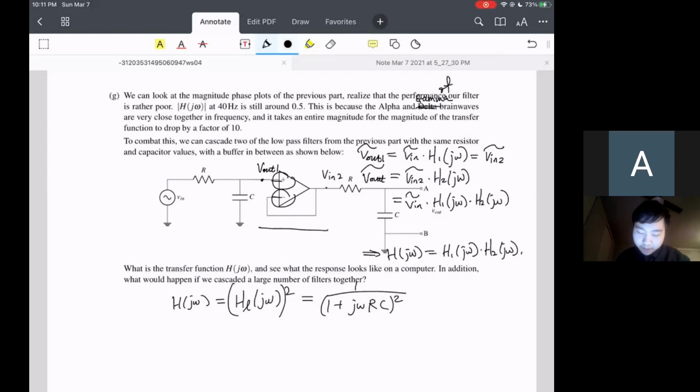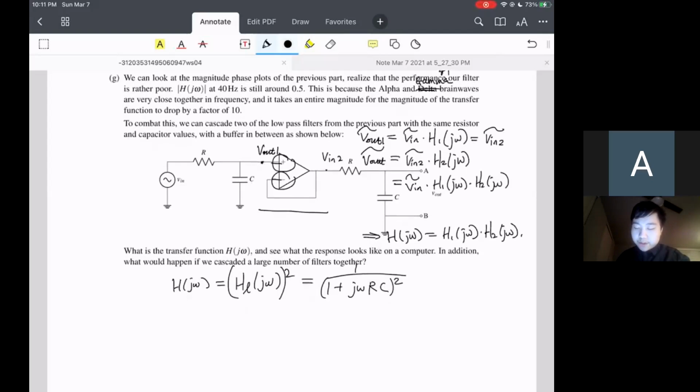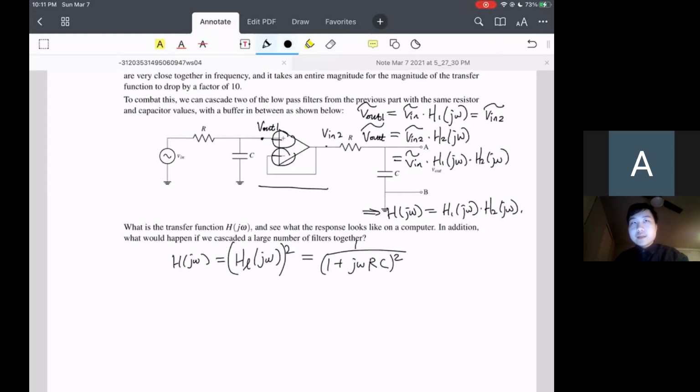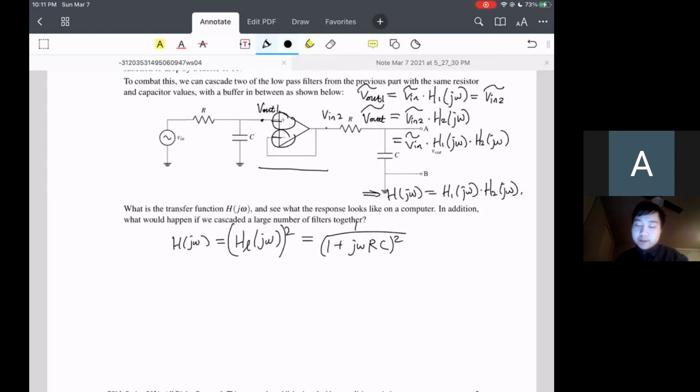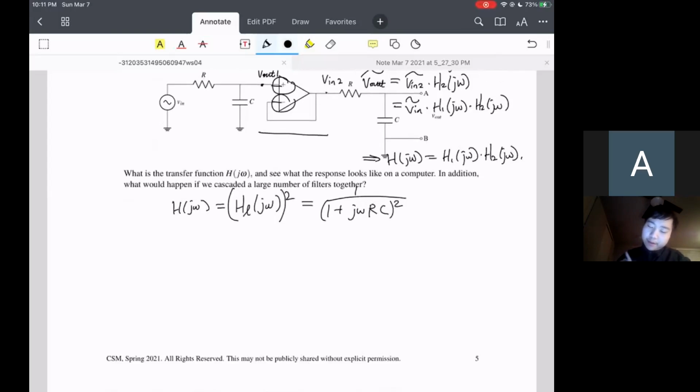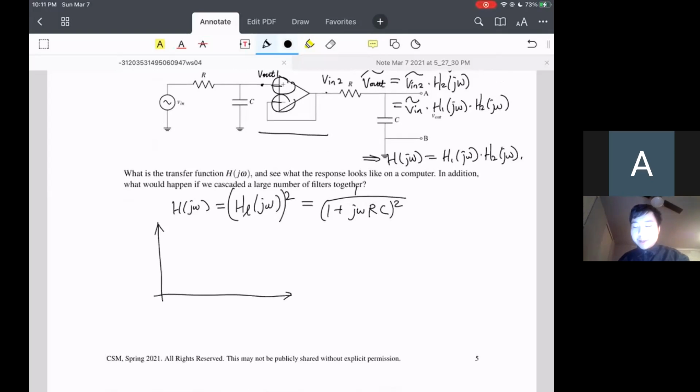Okay? So to actually get a sense as to what the response looks like, we should recall from the last subpart the magnitude plot where we only have one of these filters. We're obviously not applying the log-log scale, nor the semi-log scale.